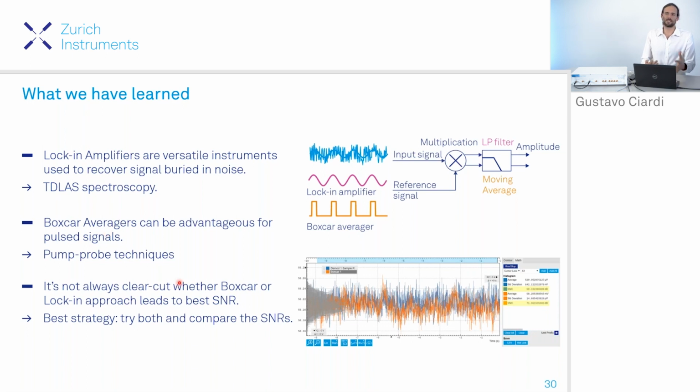However, it's not always easy to give a clear answer whether one technique is better than the other. The best way is to try both approaches, and then decide based on the SNR of the measurement which is the best technique to use for your specific experiment.